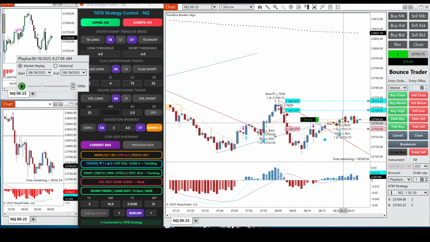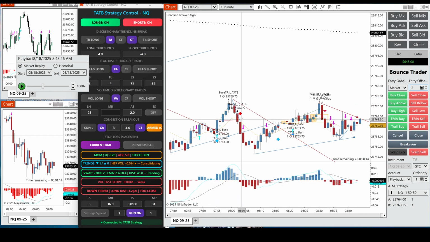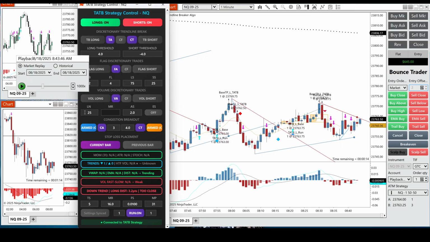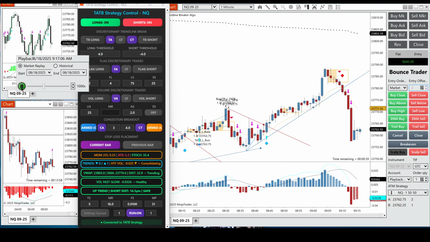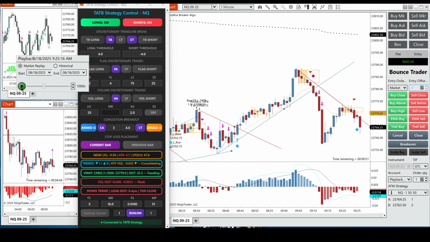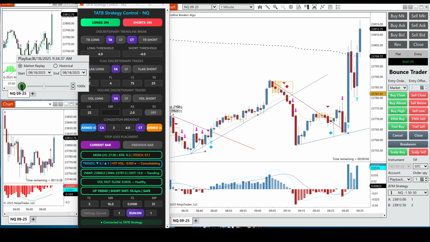See, so we have the congestion here, and volume for it, and a triangle for the congestion breakout. Volume down setup. Okay, see, so it took that one, and let's do it again.